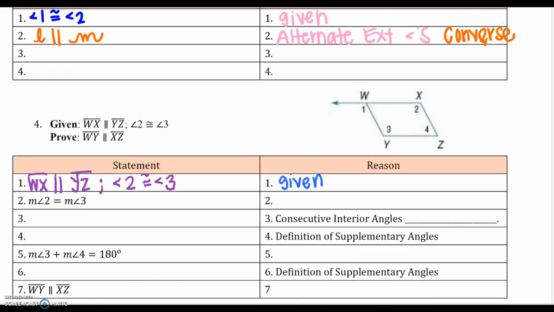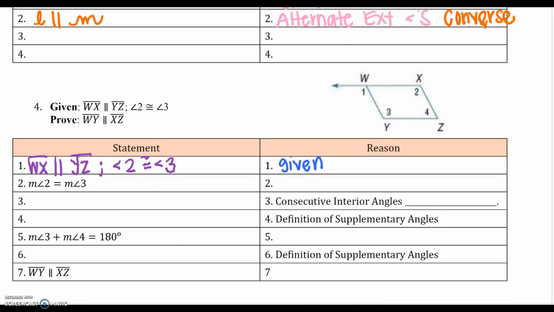Let's look at this one though. So I have that WX is parallel already to XZ. So since I have parallel lines, now I can tell things are congruent or supplementary. So I know that those two things are parallel. I'm going to mark my givens.